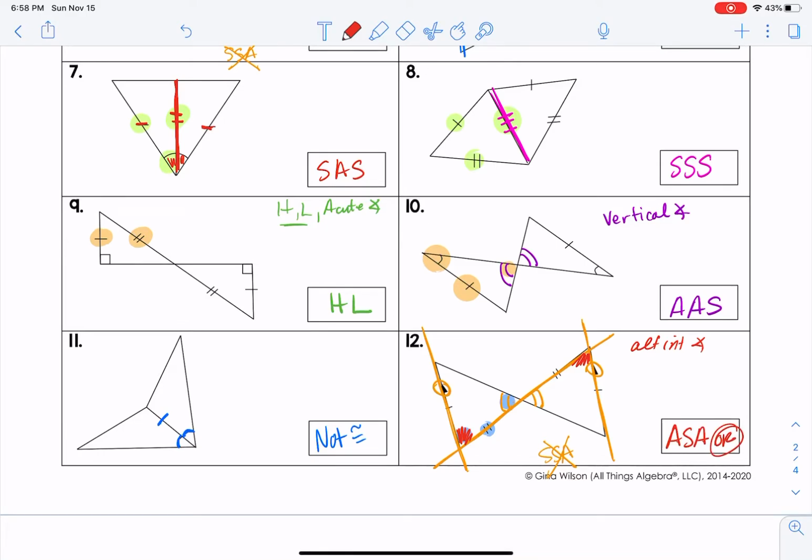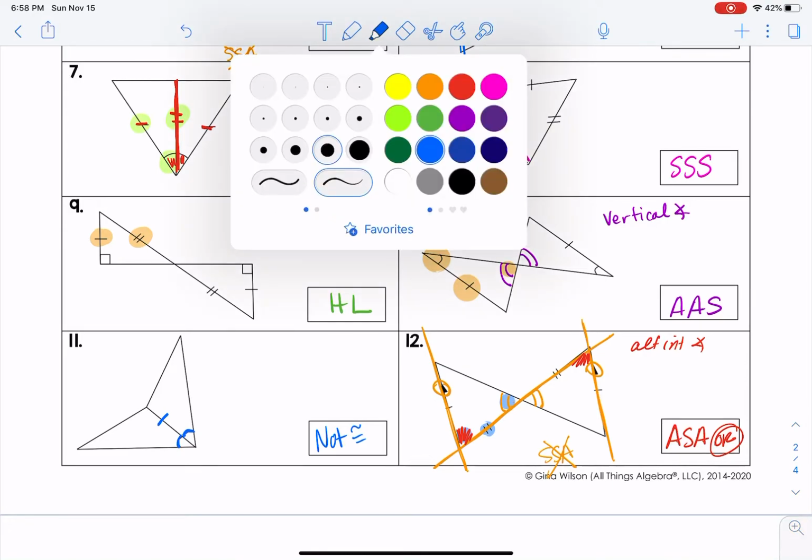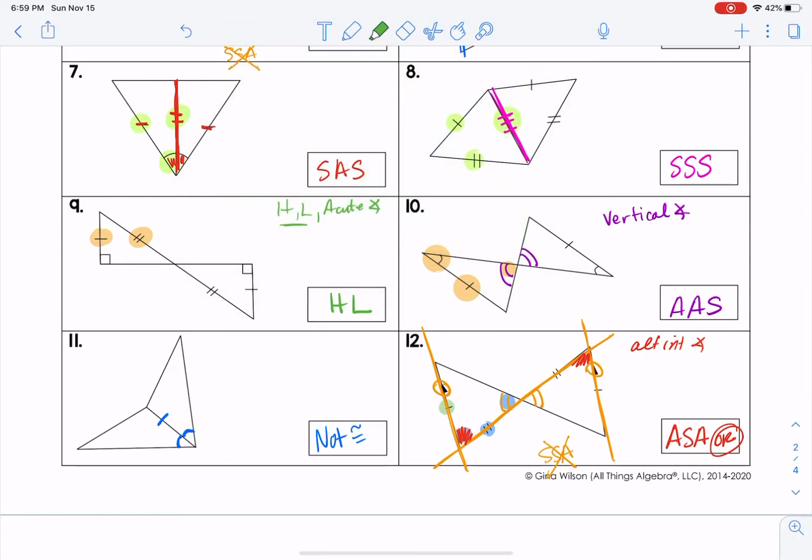Or I can say side, angle, side. But I couldn't have done either one of those without recognizing the alternate interior angles. So that's just identifying how the triangles can be proven congruent.